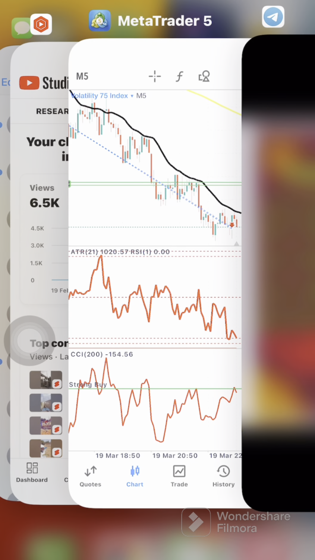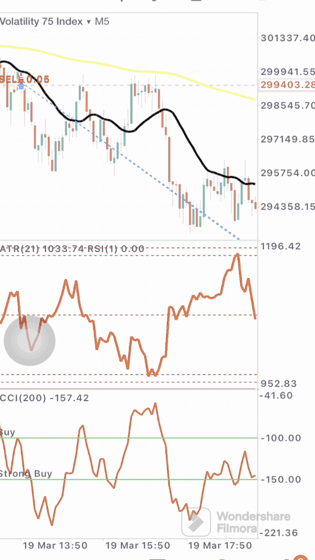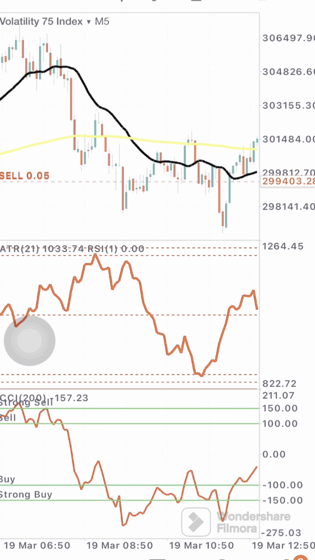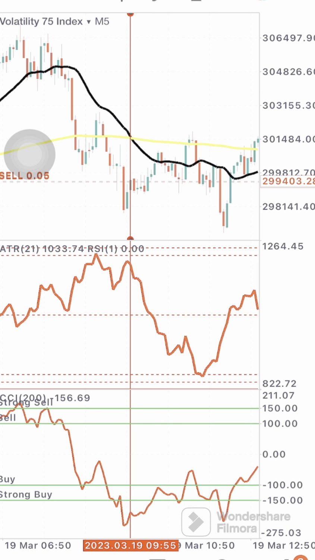Number one condition for this strategy is for you to have a crossover between your black moving average and yellow moving average, which is the first confirmation on our track. We need to have a crossover below this level.